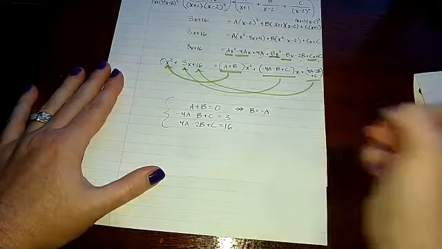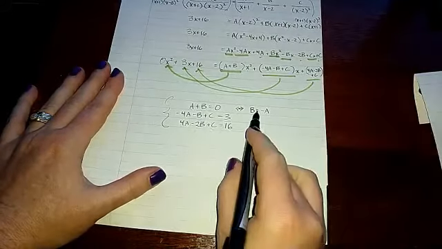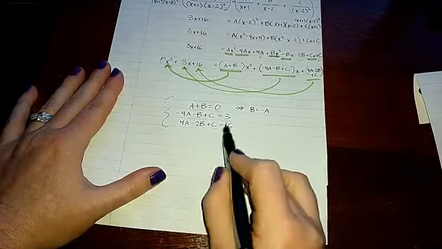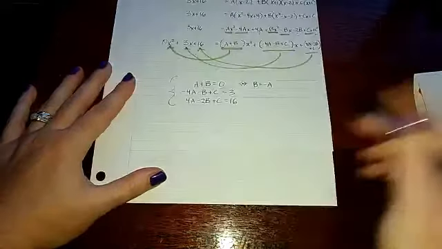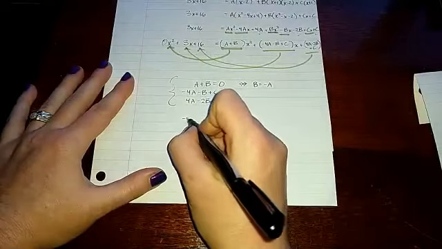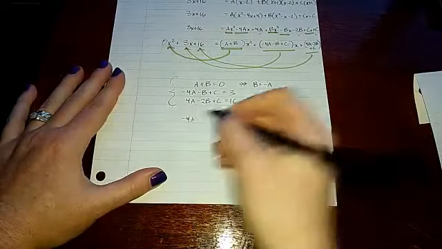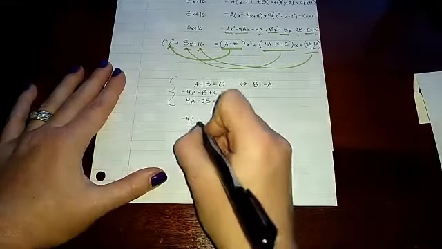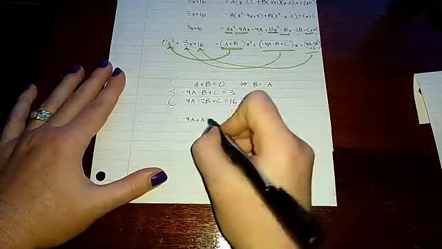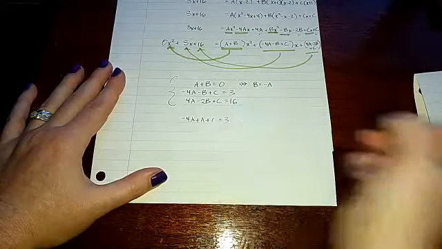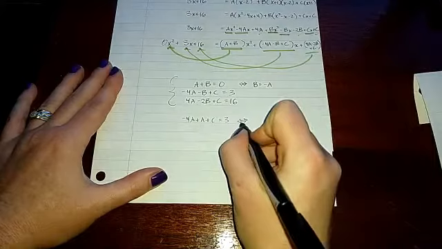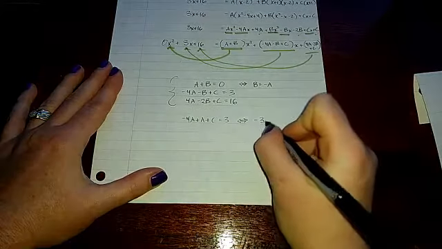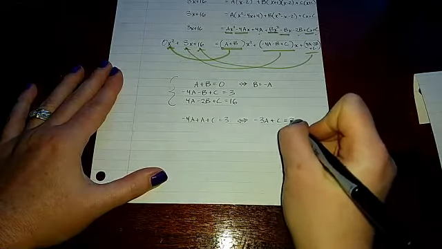B is negative a, right? I'm going to make this substitution in these 2 equations down here. So I'm going to get negative 4a minus b. It's going to be minus negative a, so plus a, plus c is 3, which is going to give me the equation negative 3a plus c is 3.